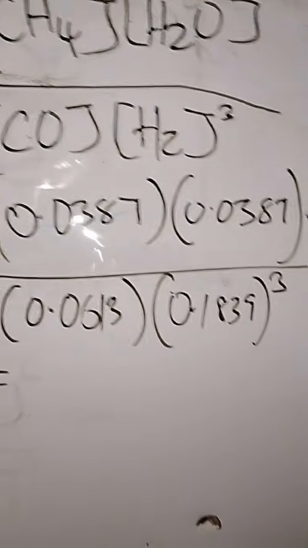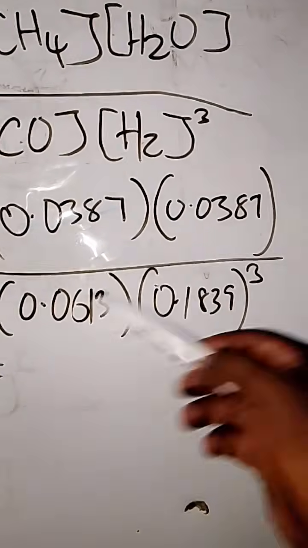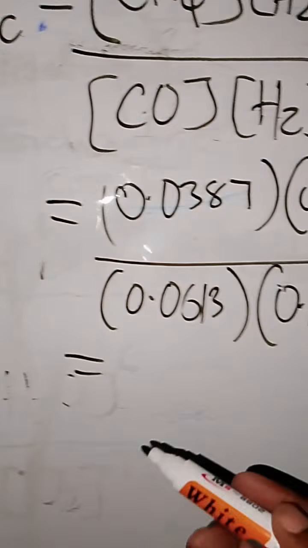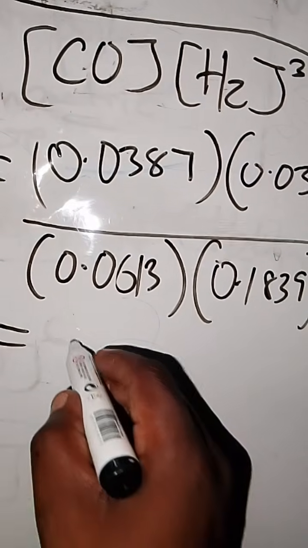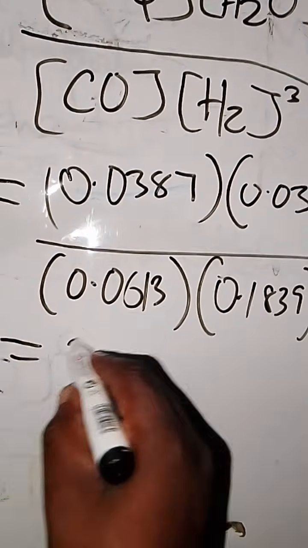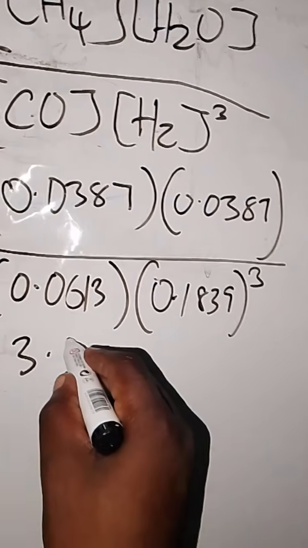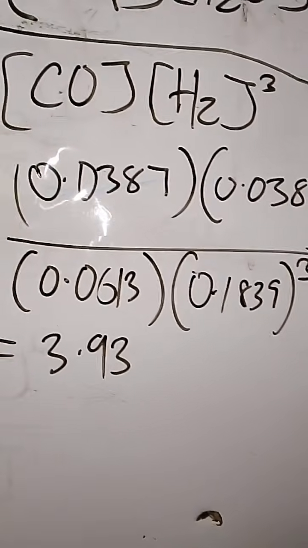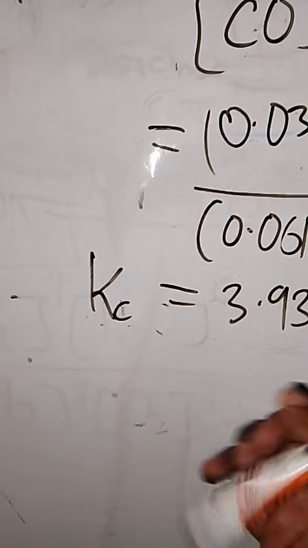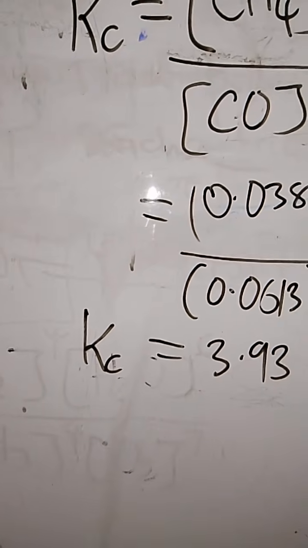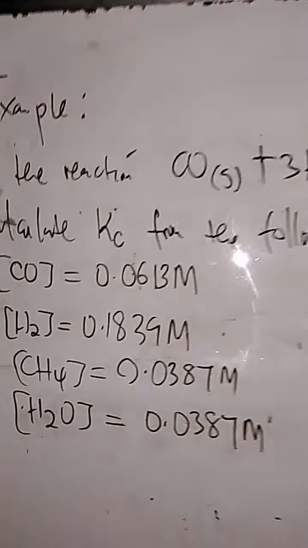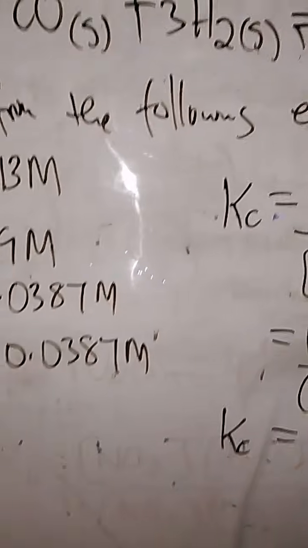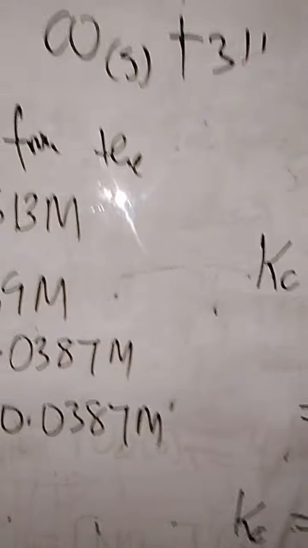You multiply on top, you cube this number, multiply, then you divide. So Kc will equal 3.93. Since it's greater than 1, it favors product formation.